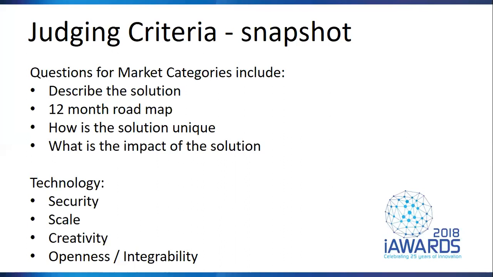There's also a hint box or a prompt box next to the question, which elaborates and prompts you to expand, because that's what the judges are really looking for. So have a think about what the questions are and how you're going to answer them, and really take advantage of those hint boxes. But here's just a quick snapshot that we have anyway.